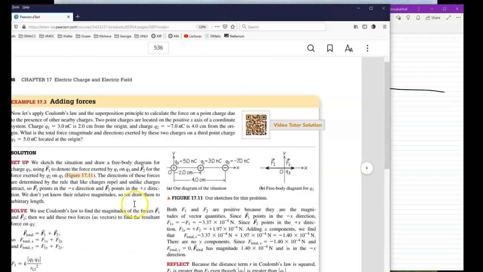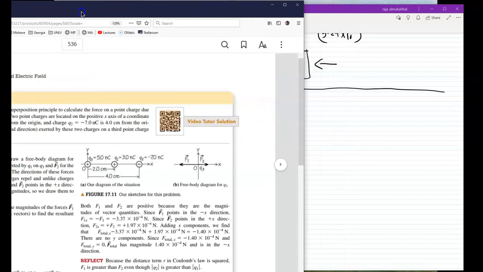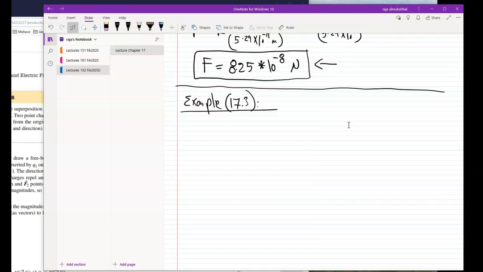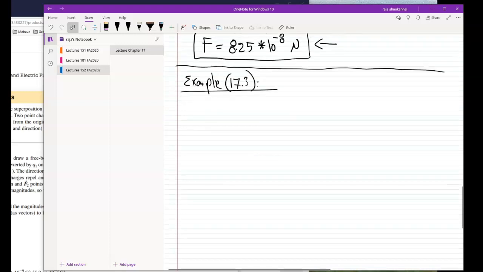I'm not going to follow his solution. I'm just going to follow my own. Let me just draw the diagram for you. It looks something like that. So here's my Cartesian system. Here's the y-axis.